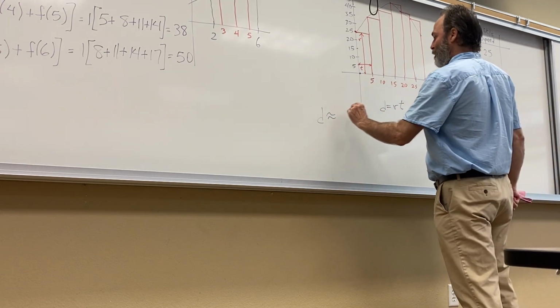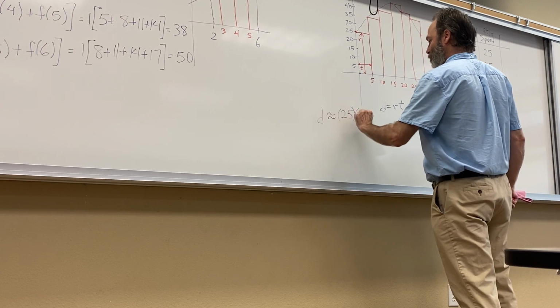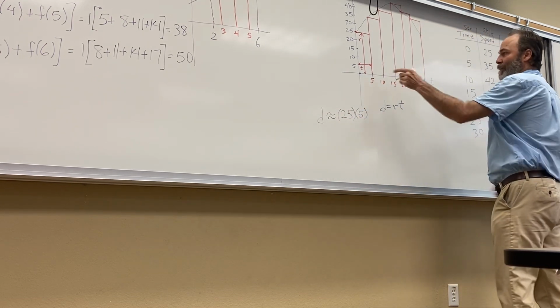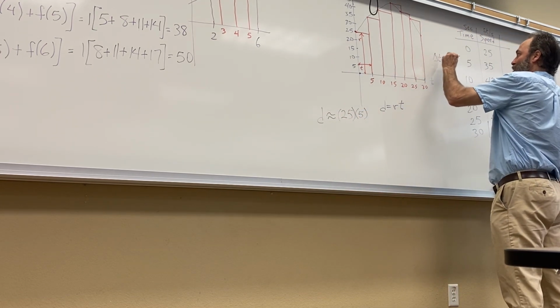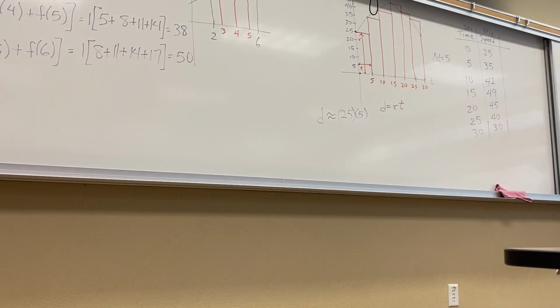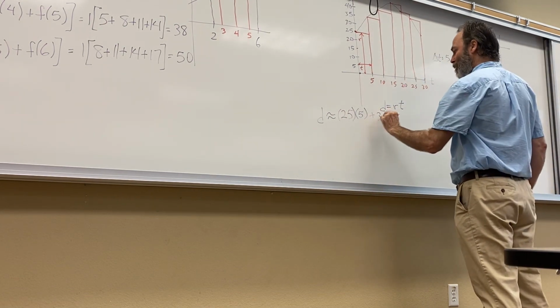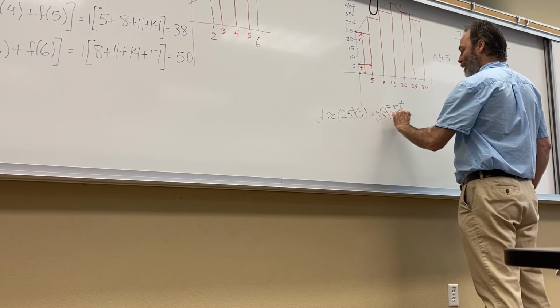So this is going to be a rate of 25 on the first rectangle and a width of 5. So that delta t is 5. That's how wide all of those rectangles are. Plus, the next one has a height of 35 and a width of 5.